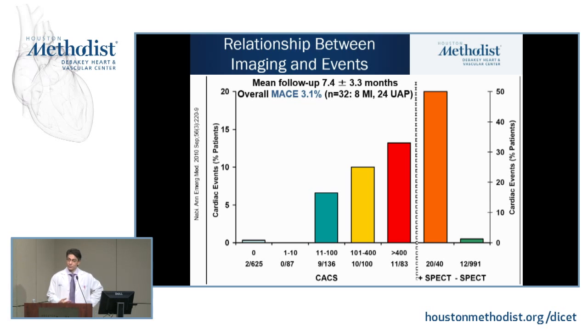So that as your calcium score increases, your risk for MACE increases. The combined event MACE in this population was 3%. Again, consistent between the 3 to 5% shown in our publications and by other groups. And then again, nuclear showing a very good diagnostic accuracy with abnormal studies having patients with events.